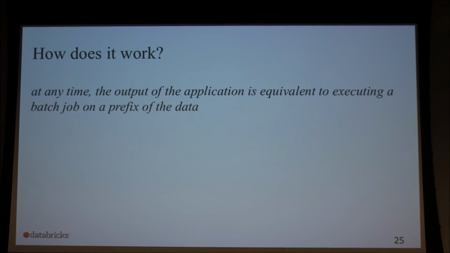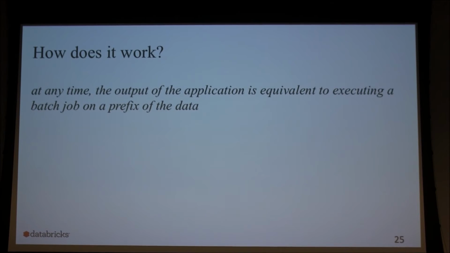For data scientists, the paradigm here is that the output of the application is equivalent to executing a batch job, even though it's not a batch job, it's real time. You can just choose a prefix and say, I want all the data from here to here, and define a window, and we're persisting that data, so you can get the entire stream up to the most current value.